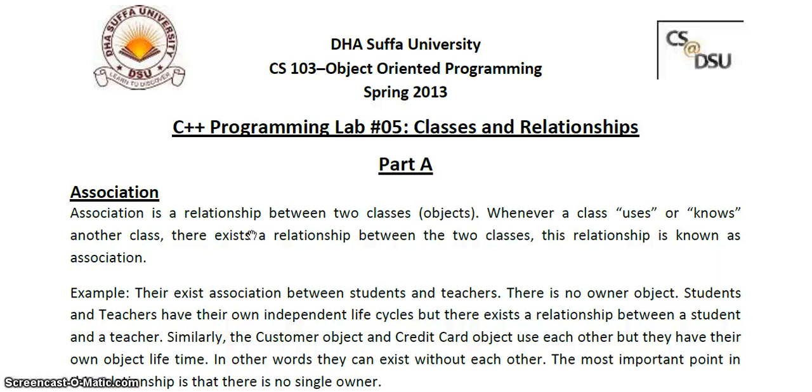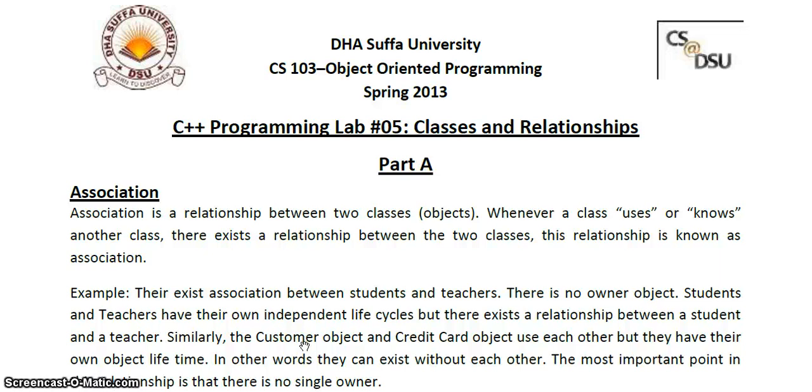Okay? So let's look at how we can use association to design this problem. The customer only uses a credit card. The customer can pay through a credit card, and the credit card will charge the customer. So this is the relationship. The life cycle of the credit card is independent, and the customer's life cycle is also independent.